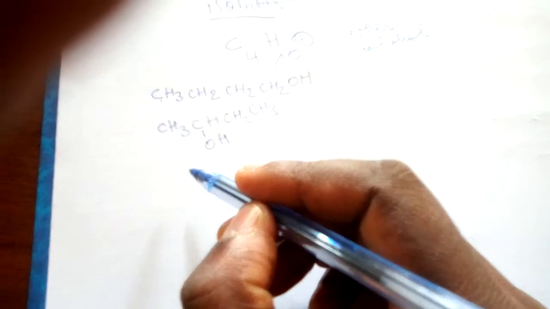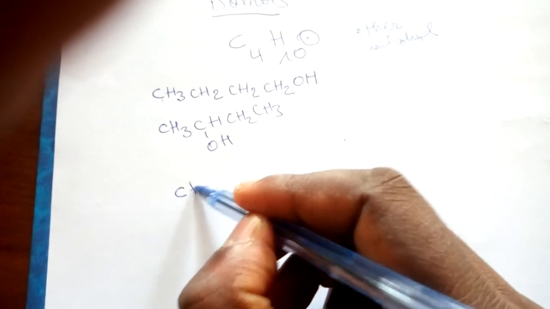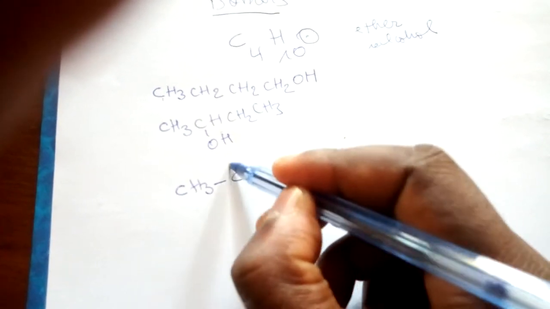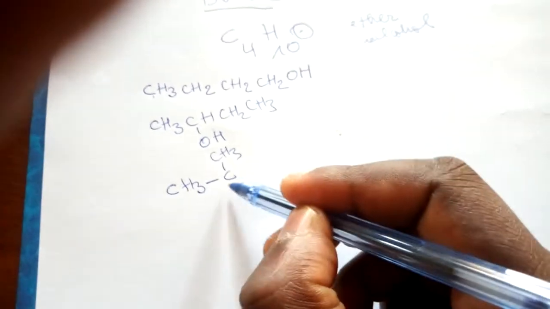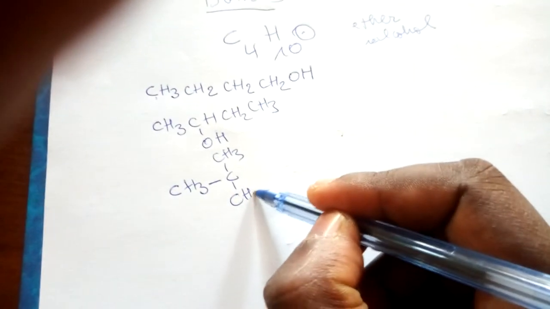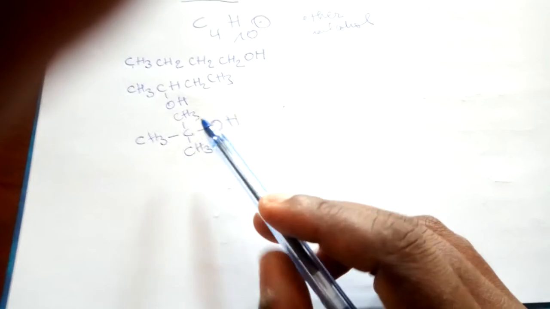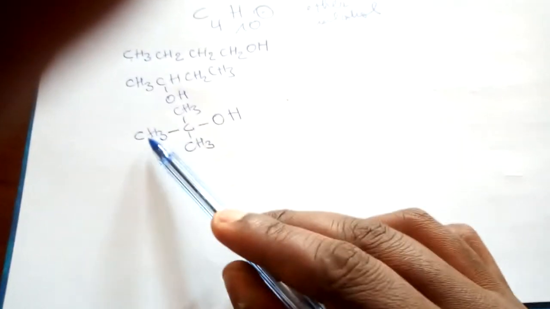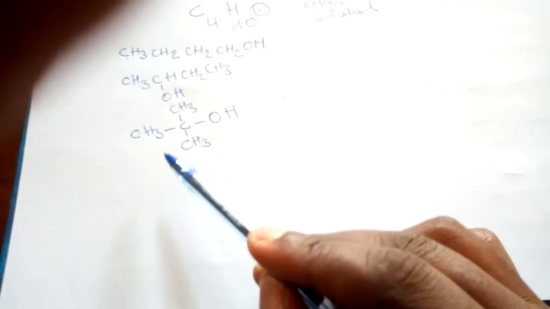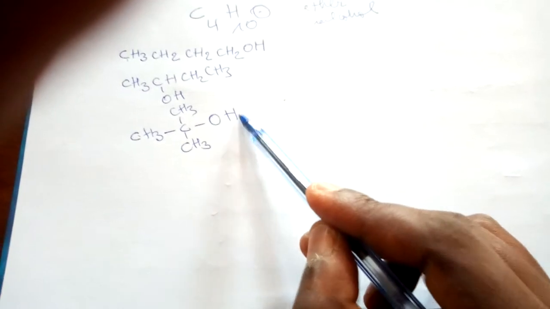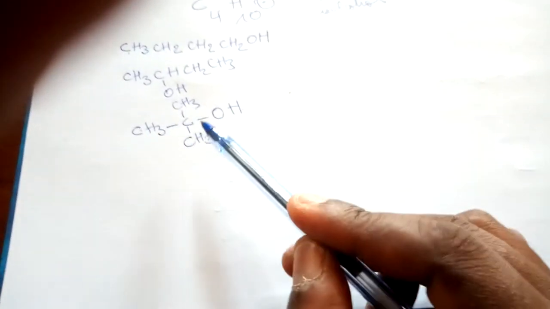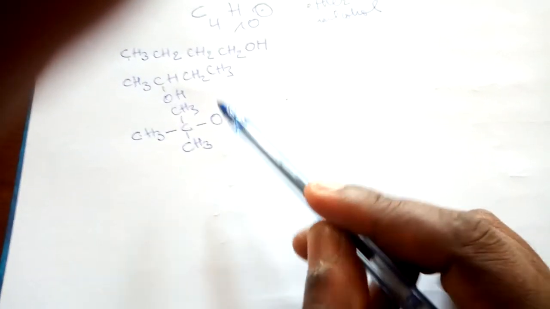We can change the structure again: CH3, CH3, CH3, OH. You see that the structures are different but all have the same number of atoms of carbon, 1, 2, 3, 4, and 1 oxygen. 3 times 3 is 9, plus 1, it is 10.